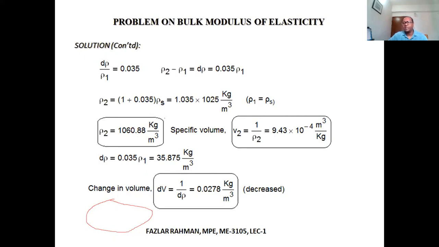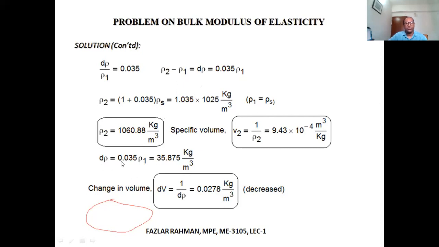Then they like to know the specific volume. Specific volume is the inverse of density. So V2 equals 1 by rho. Then they ask, what will be the change of volume? You figure out the change of density. You have rho 1 already given. You figure out d rho.